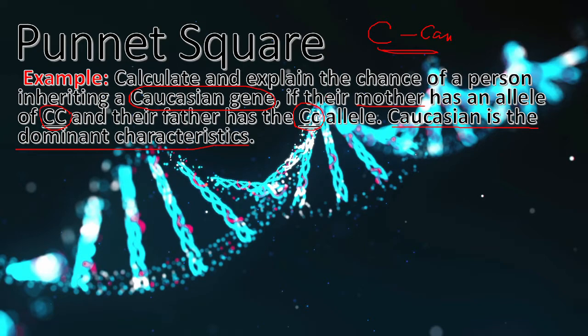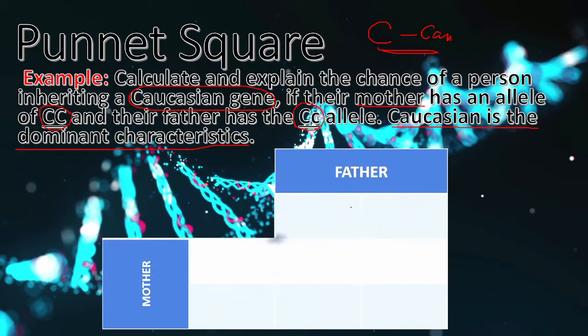So how are you going to calculate it using your Punnett square? First, you need to draw your table, the father and mother, the same thing as we had on our previous example. So first we calculate the mother. Take note the mother has CC.